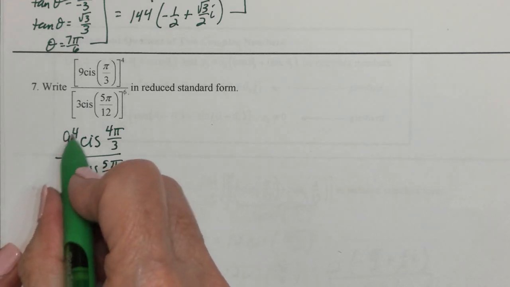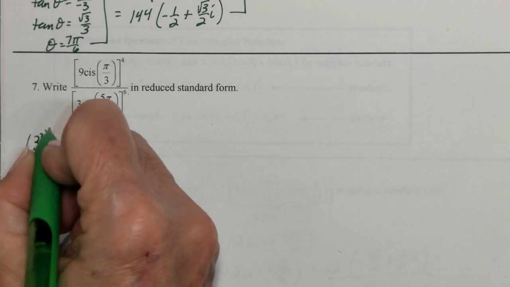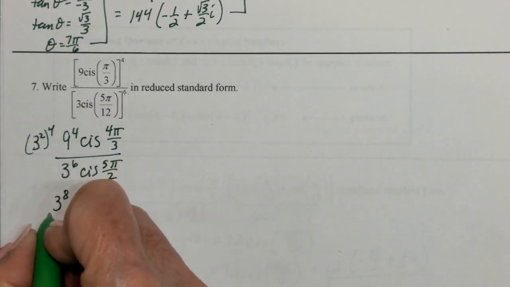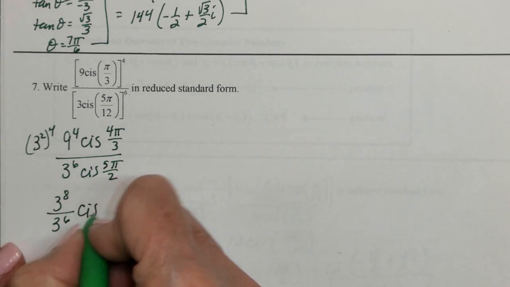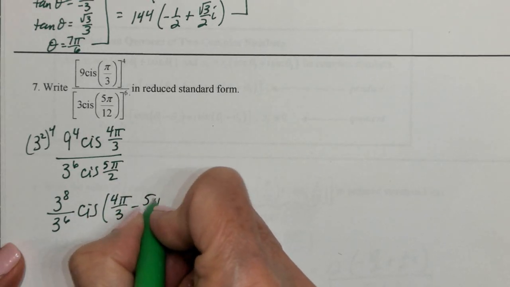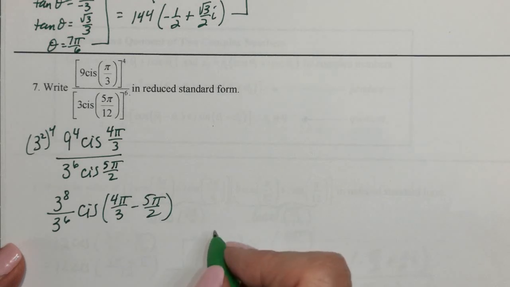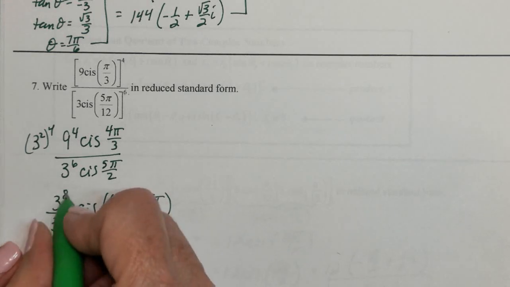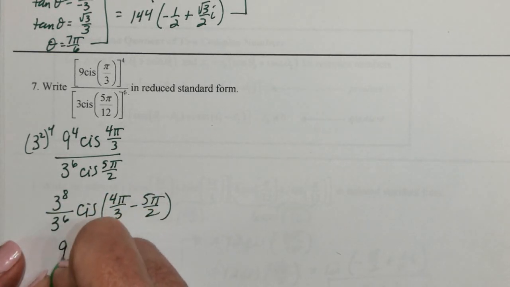Okay, 9 to the 4th is the same as 3 squared to the 4th, right? So that is 3 to the 8th over 3 to the 6th, cis 4 pi over 3 minus 5 pi over 2. Subtract your arguments because we're dividing those. Okay, so 3 to the 8th over 3 to the 6th is 3 squared, which is 9.